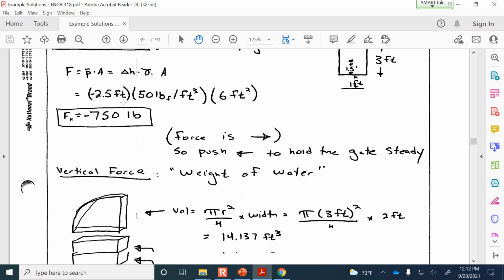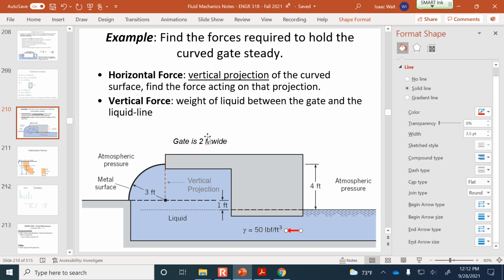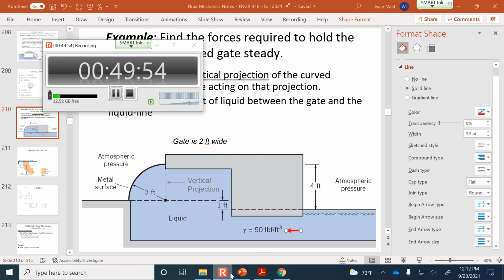And then the vertical forces, you can see I've broken it up into a wedge-shaped element and then a rectangular-shaped element. And so the volume of the wedge here, it's a quarter circle multiplied by some thickness. So a quarter circle gives us a cross-sectional area, pi r squared divided by 4, and then you multiply that by the width. And the problem statement says it's 2 feet wide.